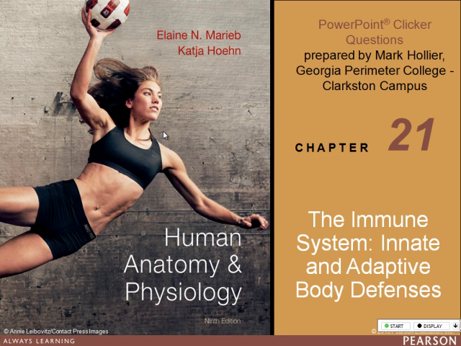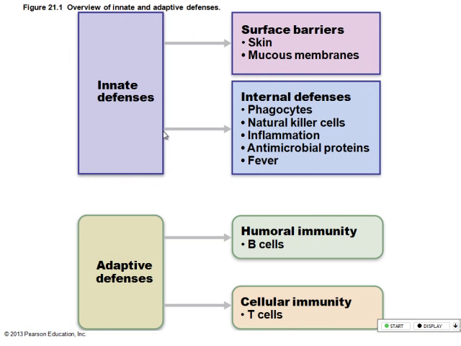So there's two major divisions of the constant surveillance you are under. There is one called innate immunity, and this is very non-specific. Non-specific in the sense of, I don't know what it is, I know it doesn't belong, I will kill it.